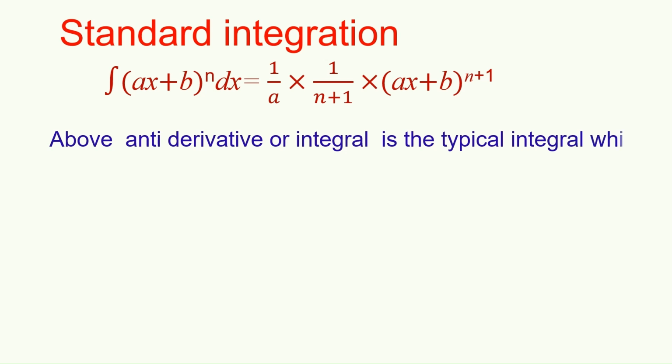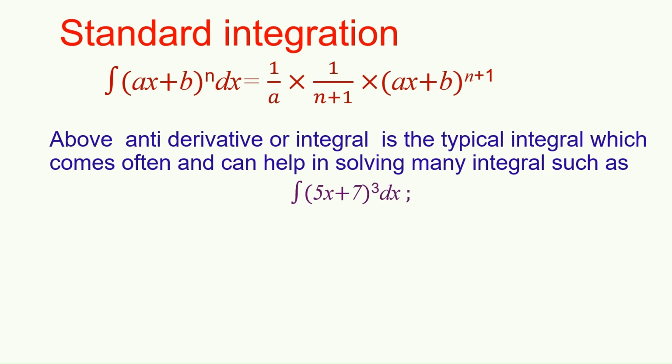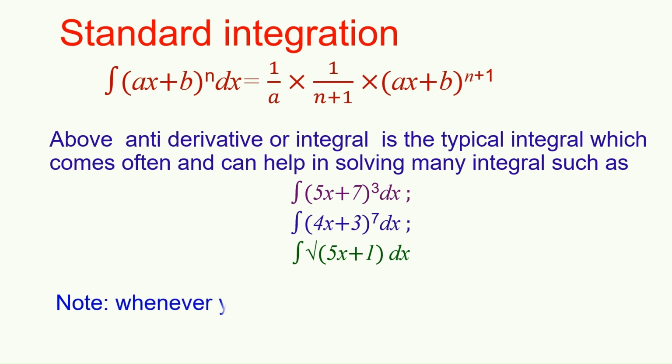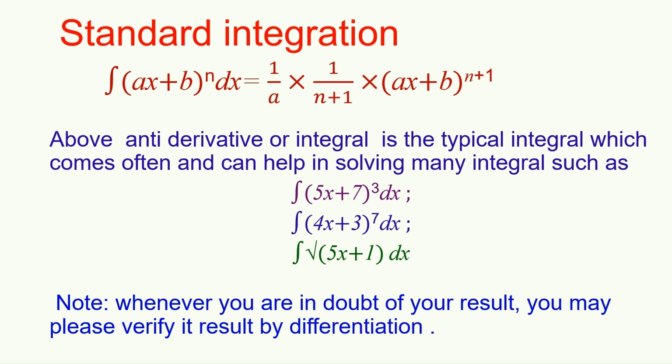The above antiderivative or integral is a typical integral which comes up often and can help in solving many integrals, such as indefinite integral 5x plus 7 to the power of 3 dx, indefinite integral 4x plus 3 to the power of 7 dx, indefinite integral square root 5x plus 1 dx. Note: whenever you are in doubt of your result, you may verify the result by differentiation.